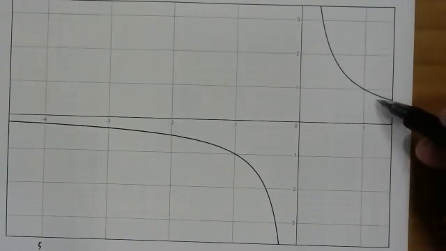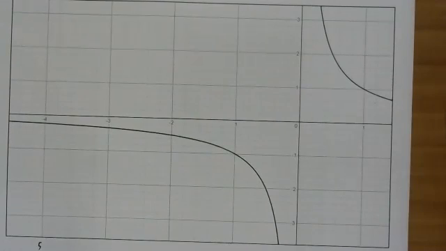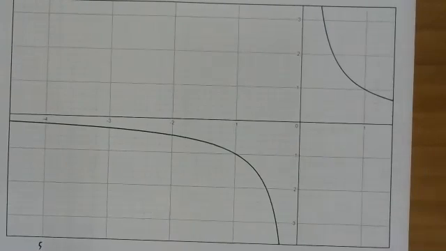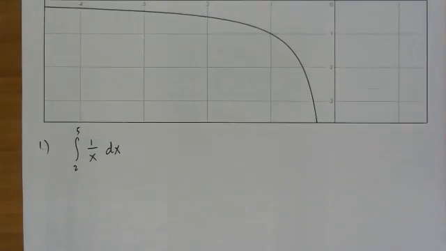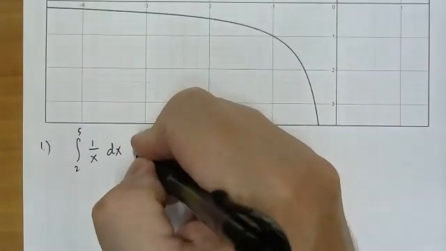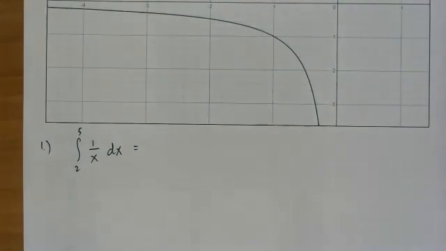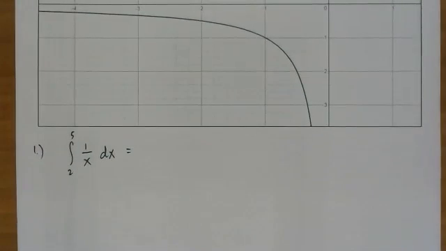But I hope you can imagine this graph just starts to level off. You go to 2 and you go to 5 and you've got some area underneath it. So let's just go and solve it, even though I don't really have the picture of it. Don't forget, this is a special integral.